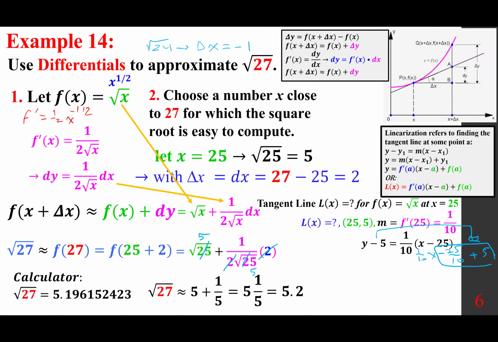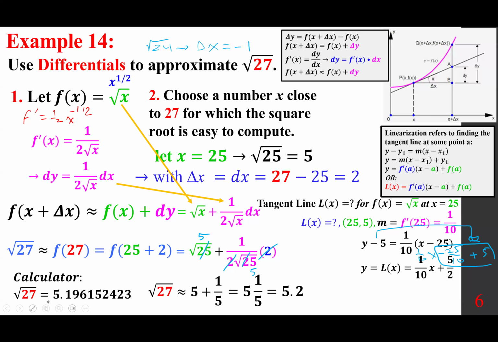We're going to combine these two, and we get 5 halves, because both of them are divisible by 5. We get 5 over 2. So minus 5 halves plus 5 is plus 5 halves.